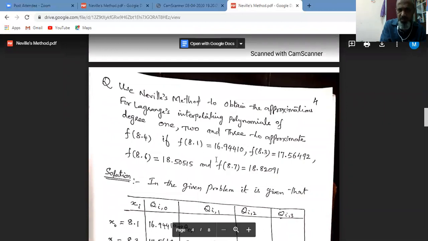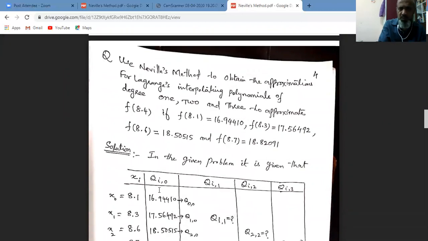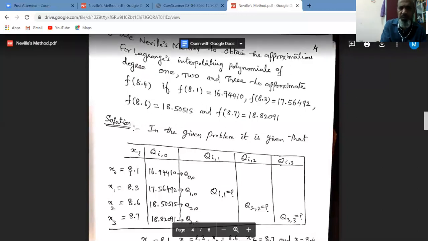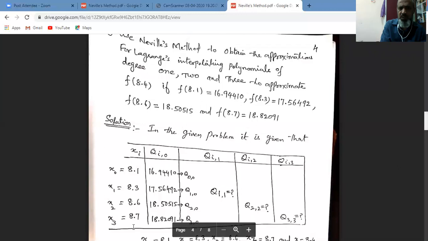So what do we have to determine? In the given problem, the x values are given: 8.1, 8.3, 8.6 and 8.7.